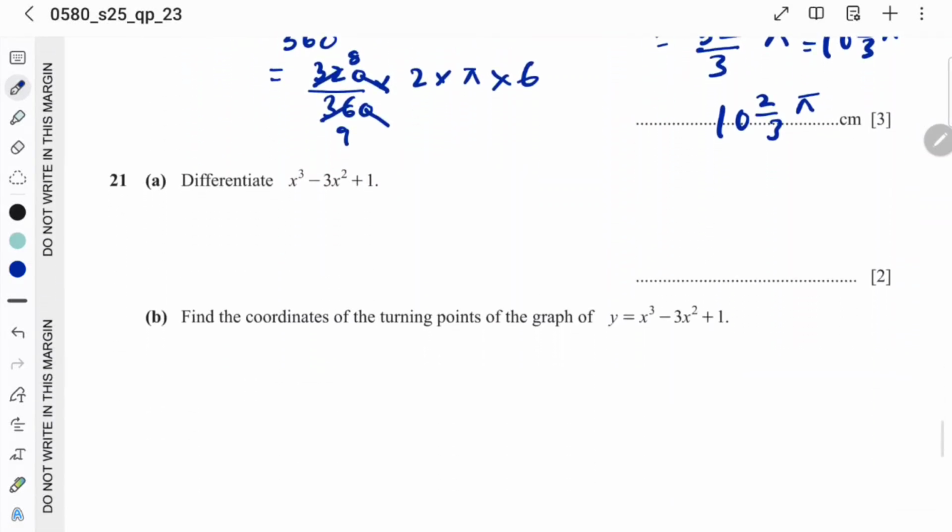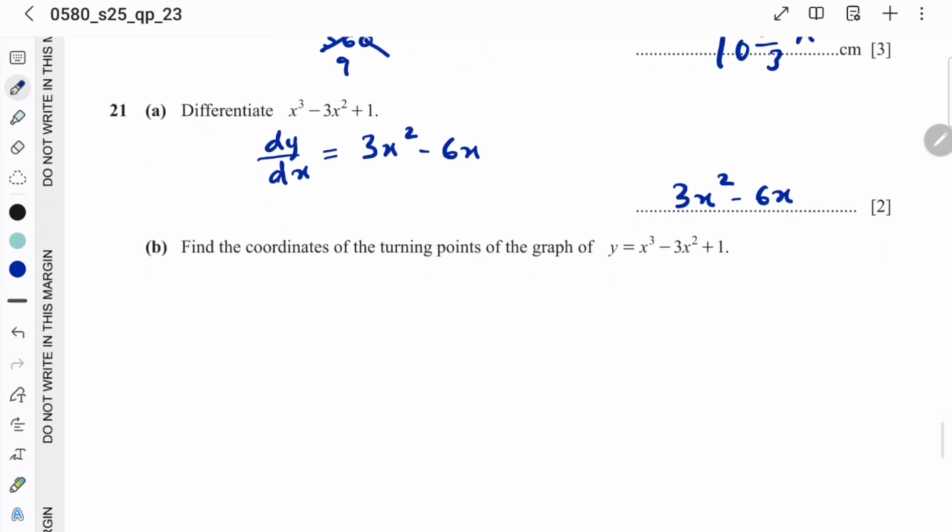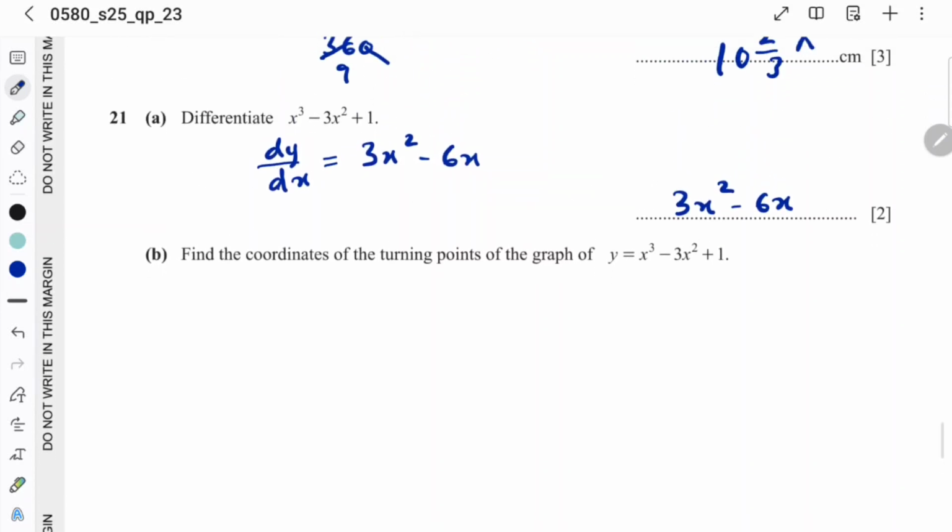Question number 21, differentiate. dy upon dx is equals to, you multiply the coefficient with the power and reduce the power by one. So that is 3x square minus 6x. Afterwards in the b part, they are asking you to find the coordinates of the turning points of the same equation. The turning point means its gradient is 0, so dy upon dx, the gradient or the slope, equals 0.